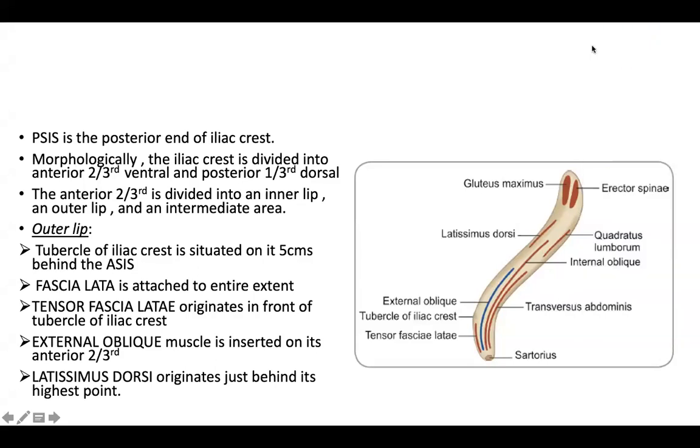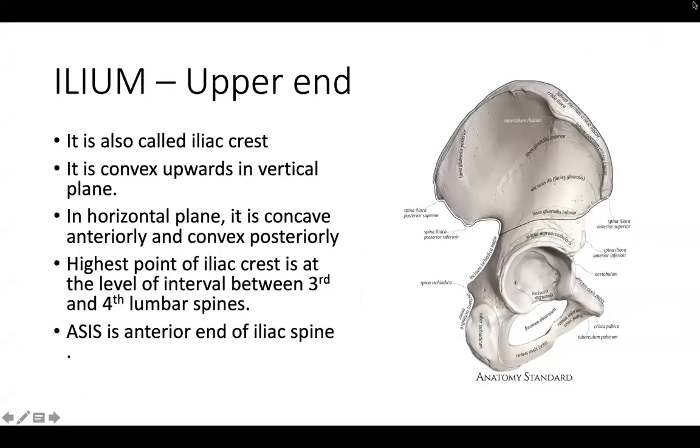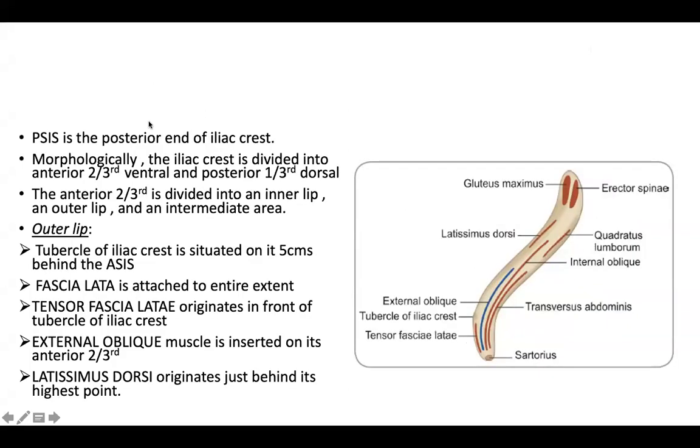Are you able to see the picture on the slide? This is the iliac crest which you are seeing from the top.